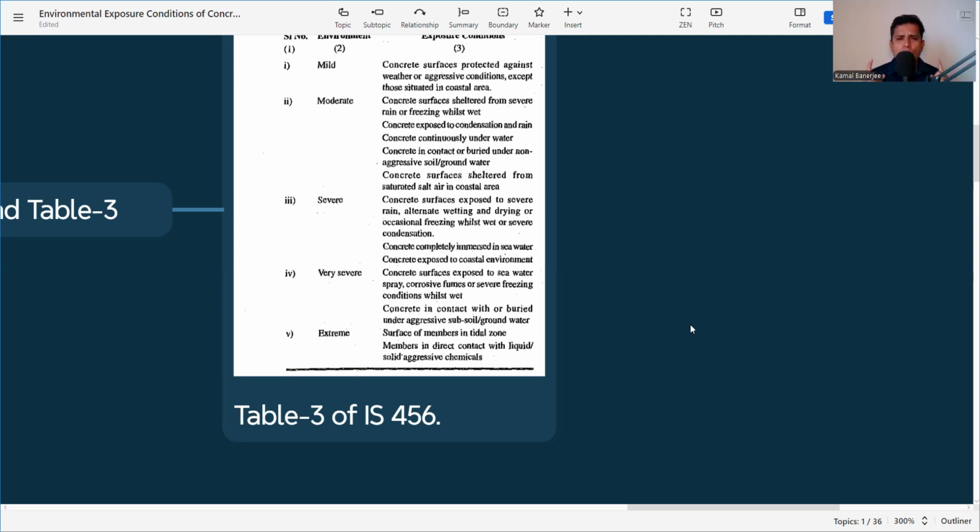What is happening? All these chemicals have a detrimental effect on the concrete surface. It will deteriorate the concrete, as well as cause corrosion of the reinforcement bar. And if the corrosion happens, the concrete stability and structural stability is a problem. So these are the very severe conditions.